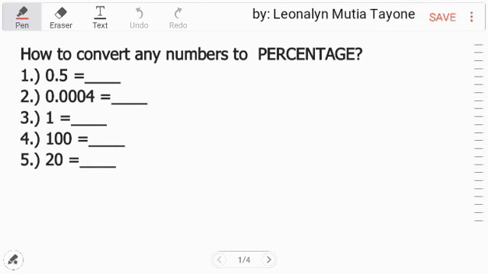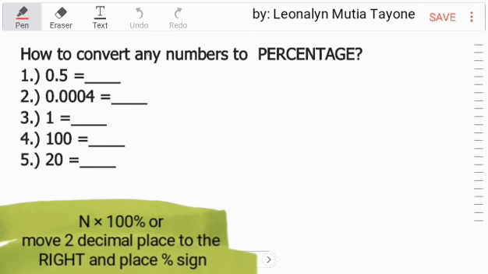How to convert any numbers to percentage. Again, in mathematics, a percentage is a number or ratio expressed as a fraction of 100. So, mag-multiply tayo ng 100. 0.5, convert to percentage, mag-multiply ka ng 100%. 0.5 times 100% is equivalent to 50%.